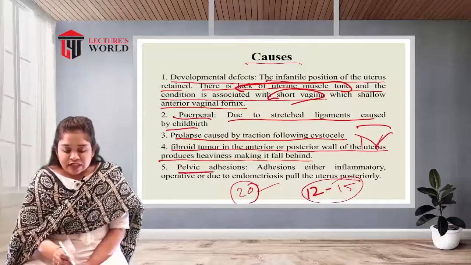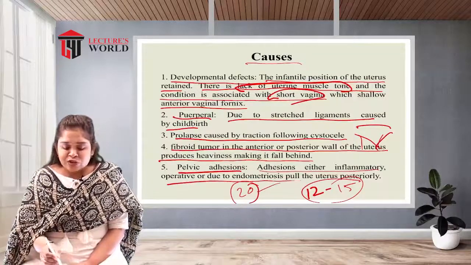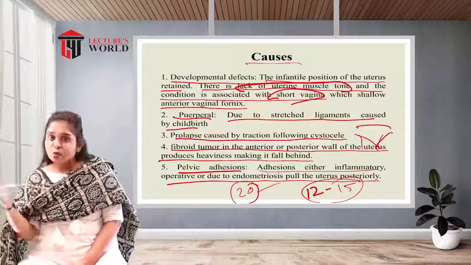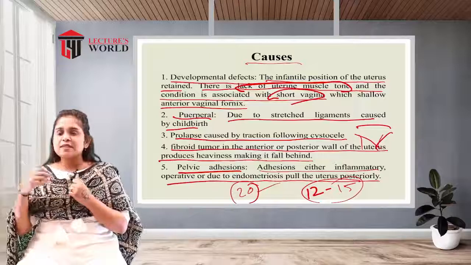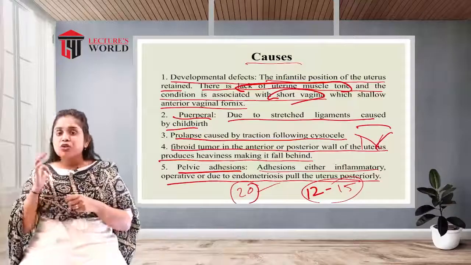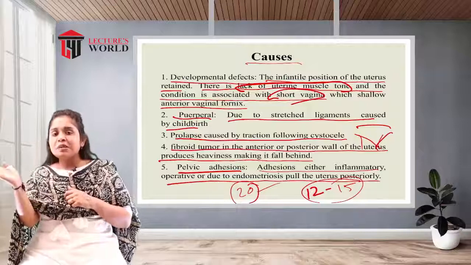Then pelvic adhesion: adhesion, either inflammatory, operative or due to endometritis, pulls the uterus posteriorly. If the uterus has any infection, or pelvic inflammatory disease is there, more heaviness will be there and it will lean backward.